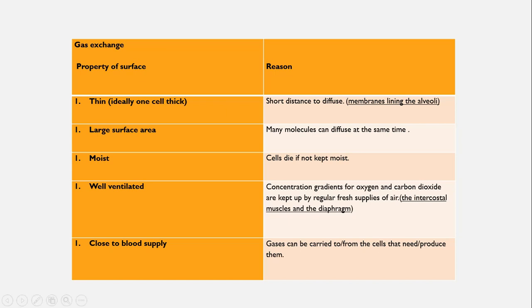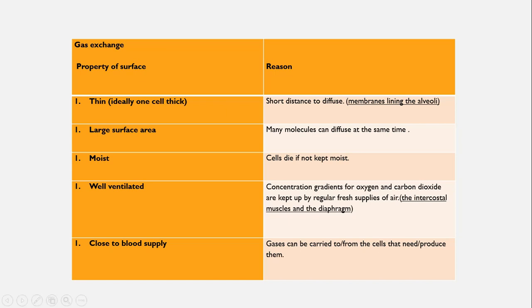We have many alveoli that take the gases to the blood supply. We have millions of them in order to take many molecules at once or at the same time.